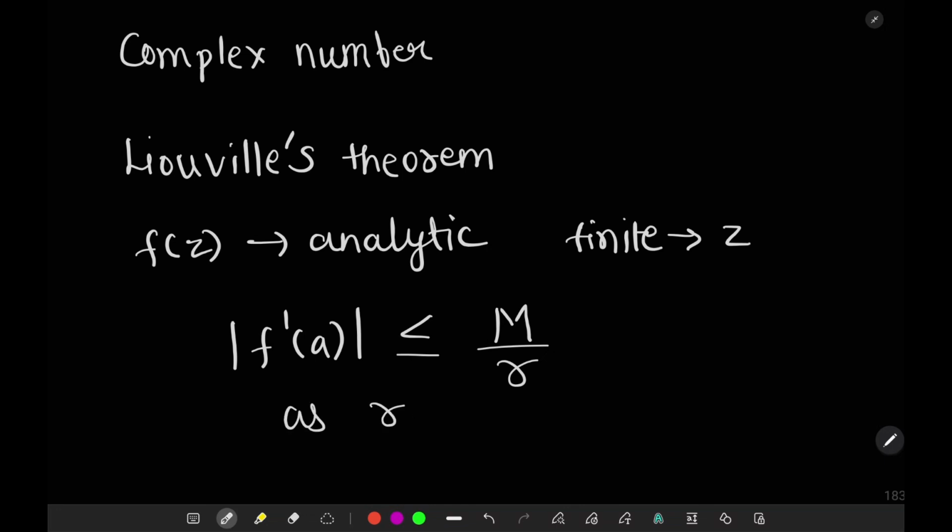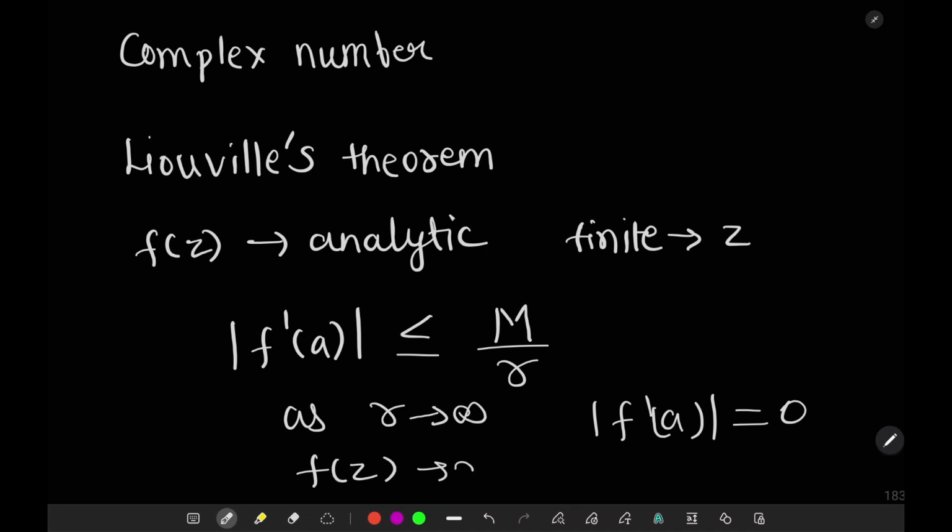As r tends to infinity, |f'(a)| equals 0. Here f(z) must be constant.